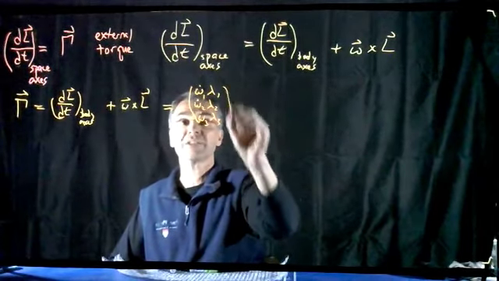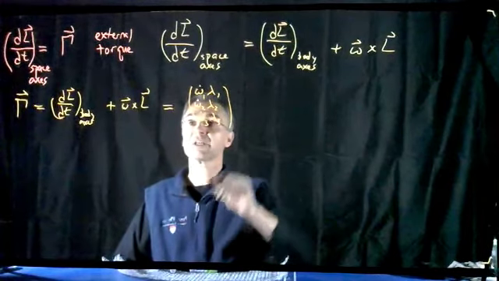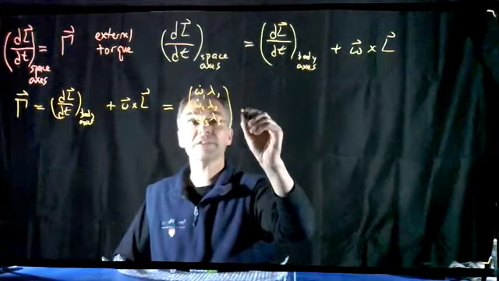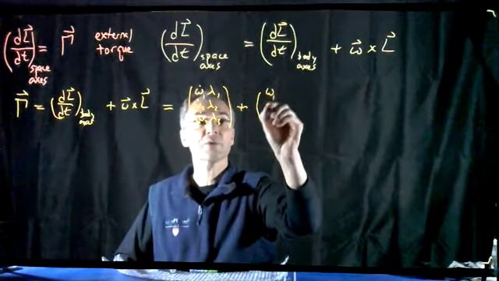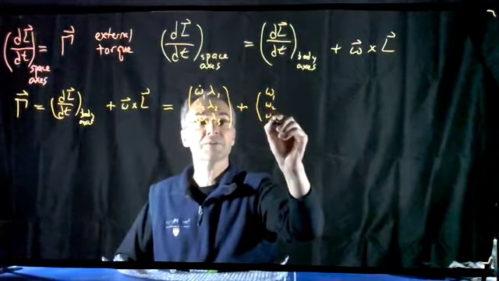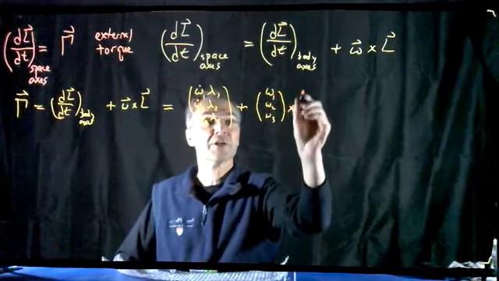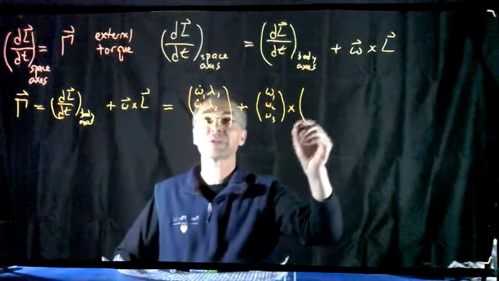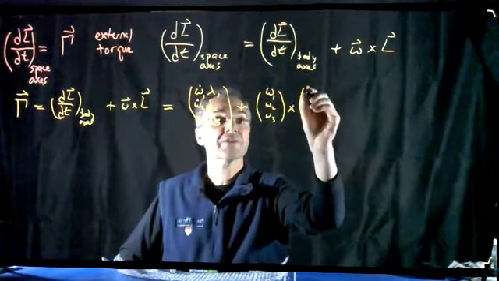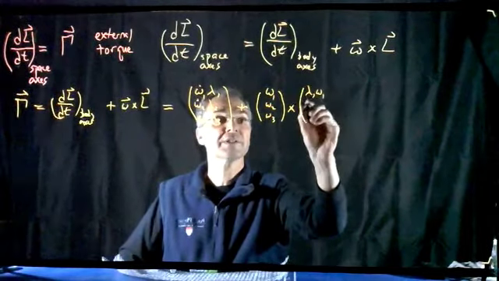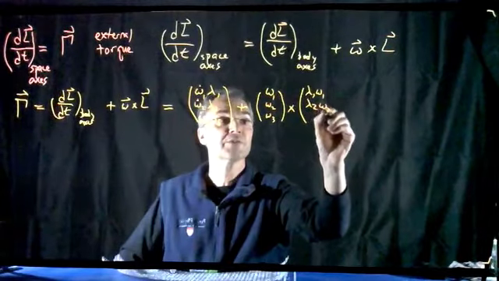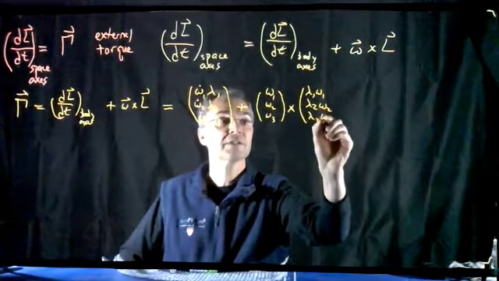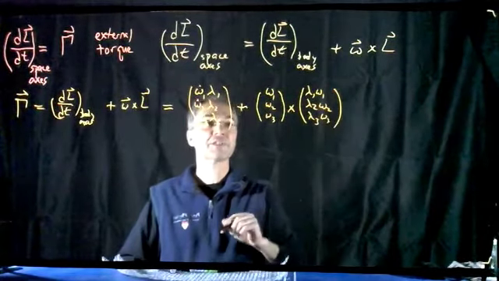So that's dL/dt in the body axes. And then we have the omega vector, so that's omega 1, omega 2, omega 3, cross product with the angular momentum vector. So that's L1, L2, L3, which are lambda 1 omega 1, lambda 2 omega 2, lambda 3 omega 3.